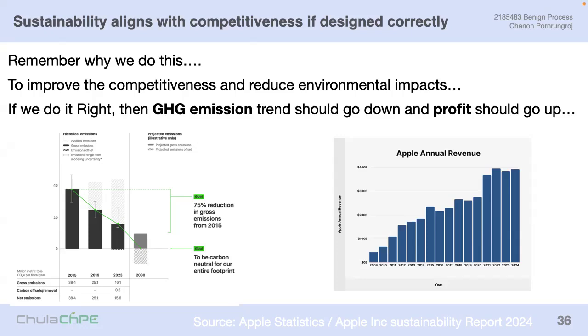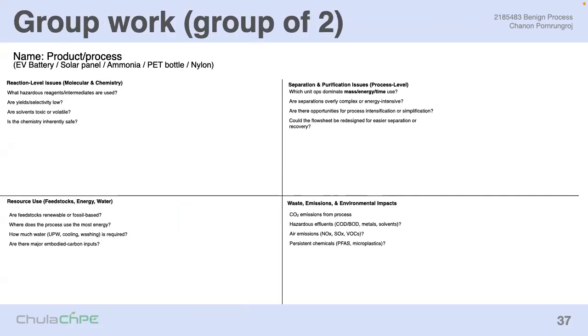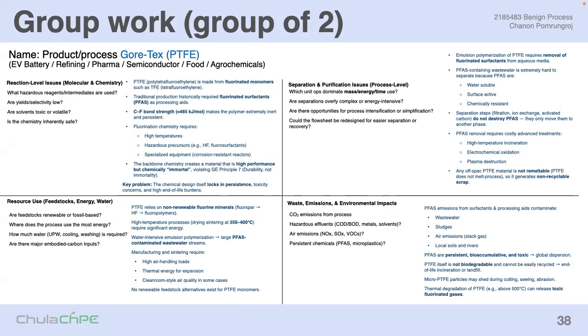And what happened to the profit? It also grows year by year. So doing things sustainably can become profitable if we do it right. And these 12 principles of green engineering will help you to achieve that. So that's the framework that we are trying to give here.